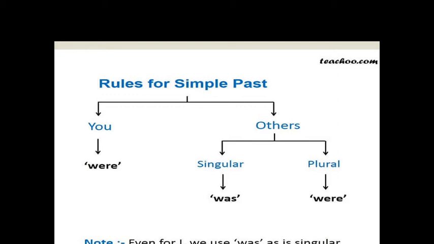You is a pronoun that is used as plural here. So write you were, not you was. Understand? We will not write you was.